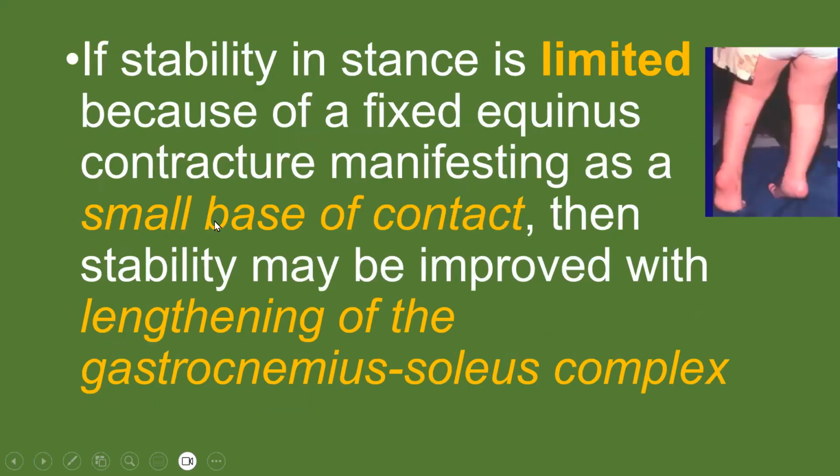If stability in stance is limited because of fixed equinus contraction manifesting as a small base of contact, then stability may be improved with lengthening of the gastrocnemius soleus complex.